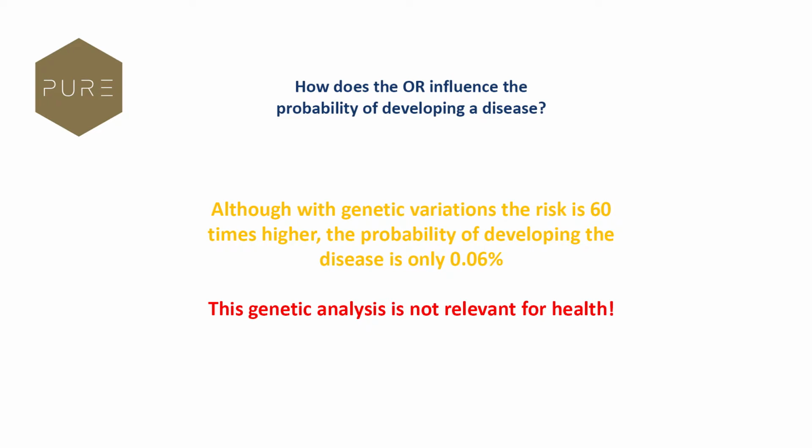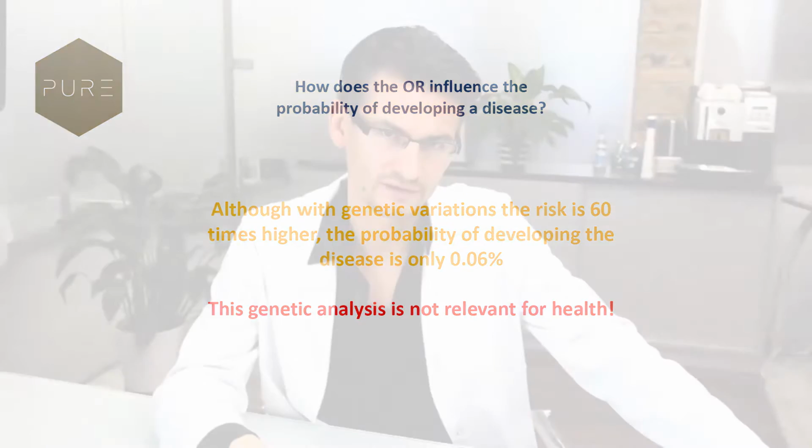This means that this kind of genetic test could give a result of 60-fold risk. However, it would not be relevant for the person's health. So really, having a high odds ratio is not good enough. You always need to look at how common the disease is. If you multiply the likelihood of disease by 60, is it even relevant or not?